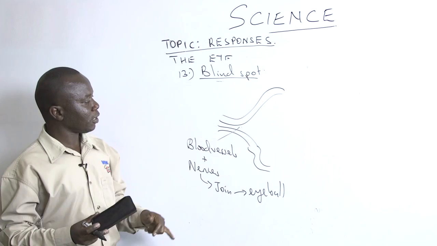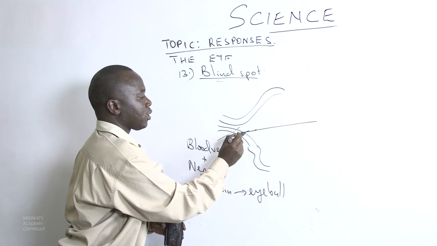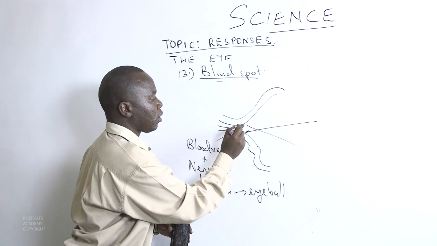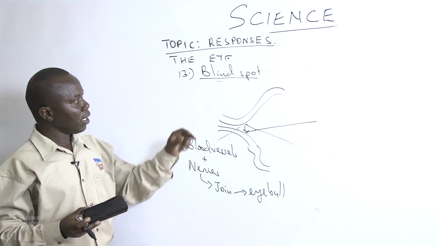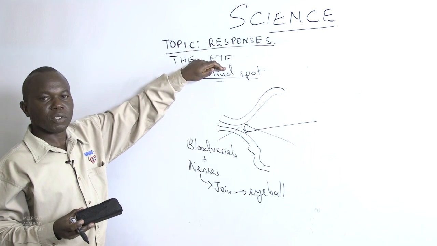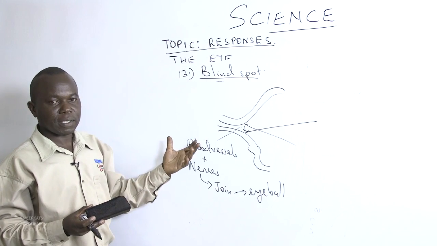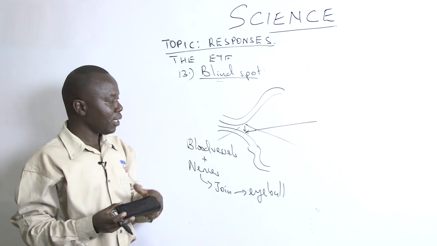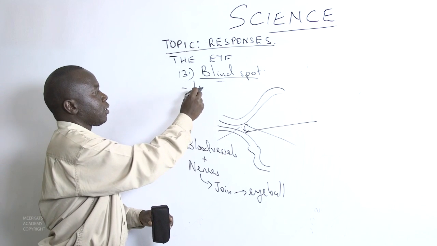From the word blind, it means if light reaches that point, an object being focused at that point is not going to be perceived. Why? Because it lacks photoreceptor cells.